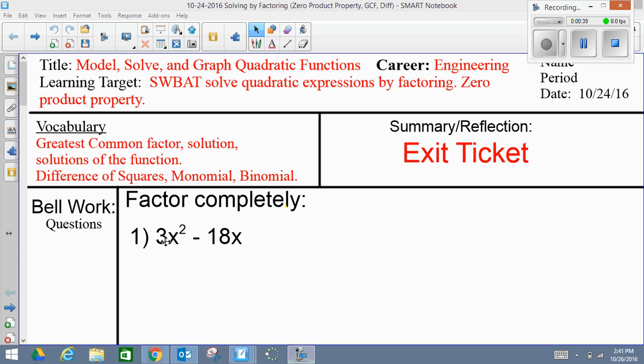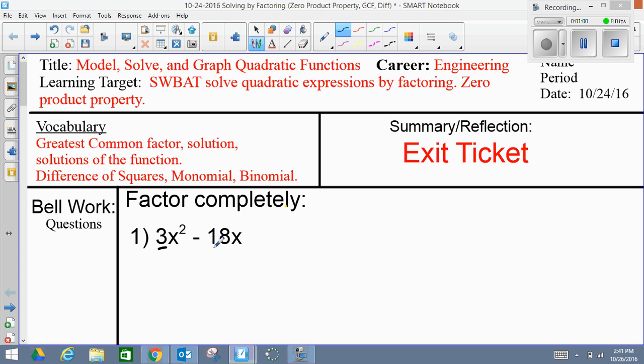Now, my build work is a factor completely. I have a binomial. Remember, the first thing you always check is to see if you have a greatest common factor. And I'm using it right now, greatest common factor. So we have 3x squared minus 18x. You always check to see the numbers, if there's any common factor between the two numbers right there.